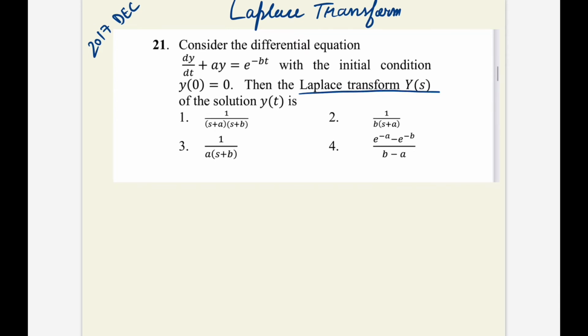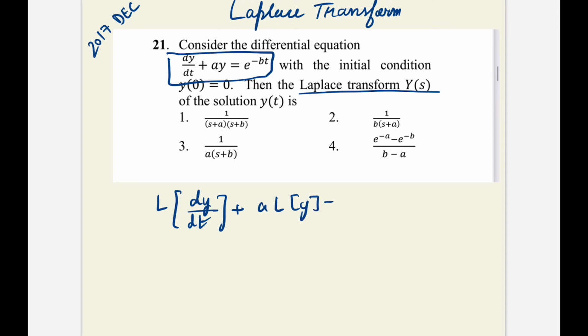So we will take the Laplace transform of the differential equation. Okay, now we will do the Laplace transform. L of dy by dt plus a times L of y is equal to L of e to the power minus bt.